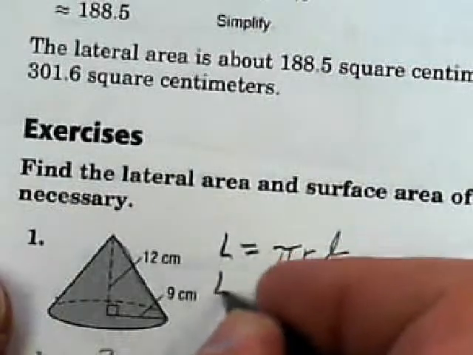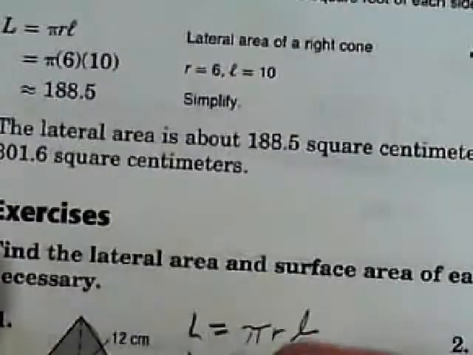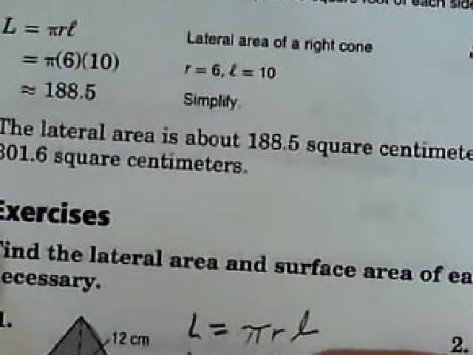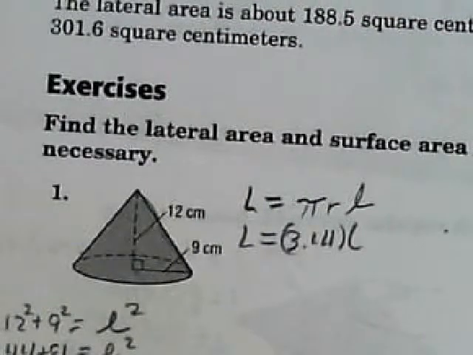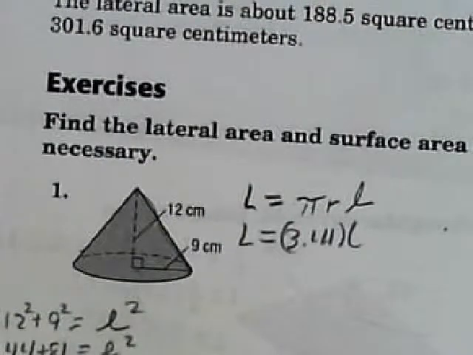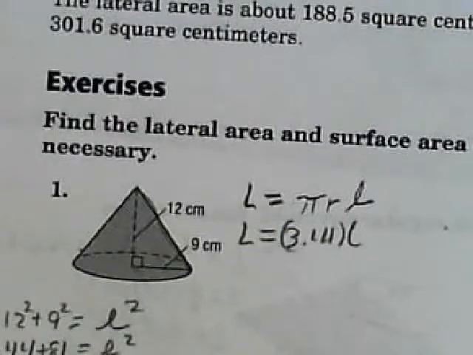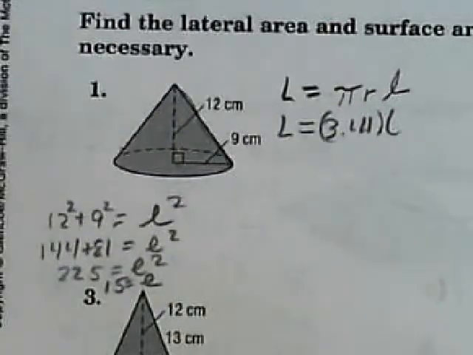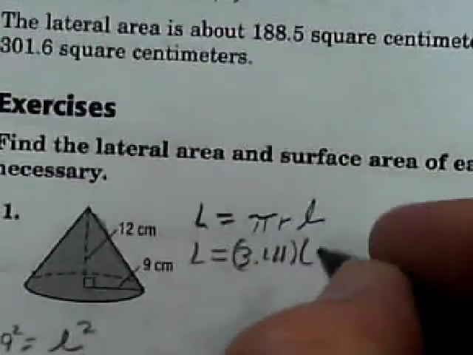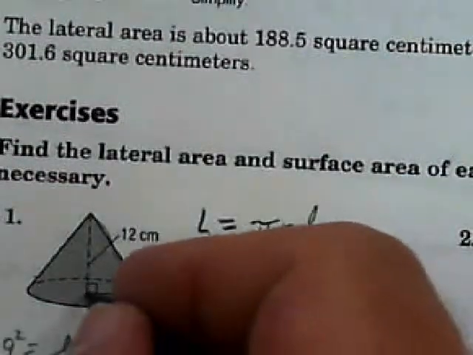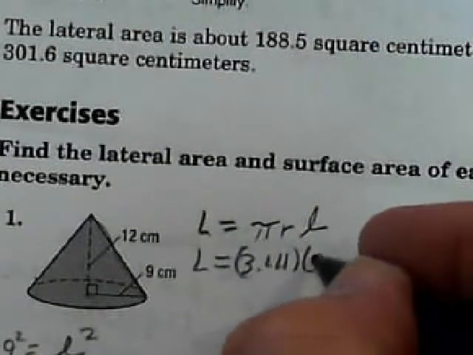So the lateral surface area will be 3.14. L was the slant height, 15, after we did the Pythagorean theorem on it. Radius happens to be 9, doesn't it? And the slant height we found to be 15.